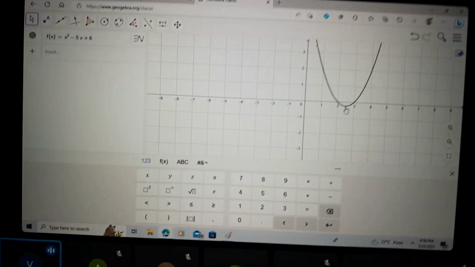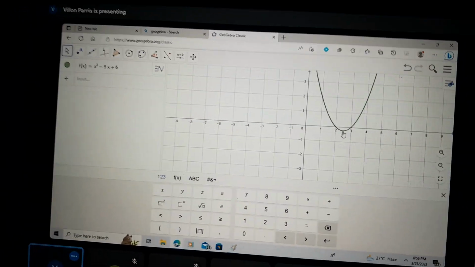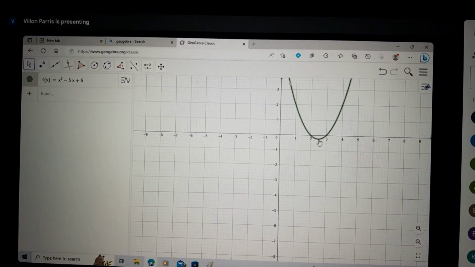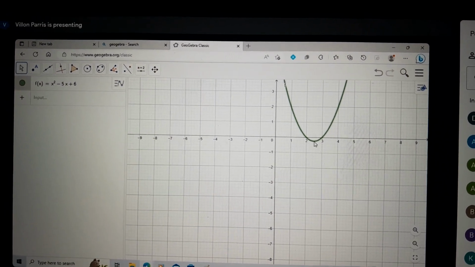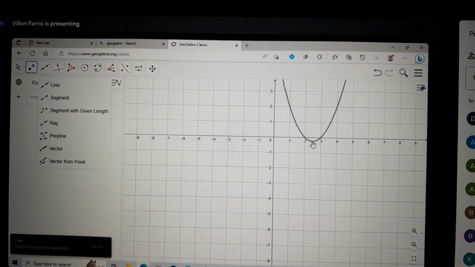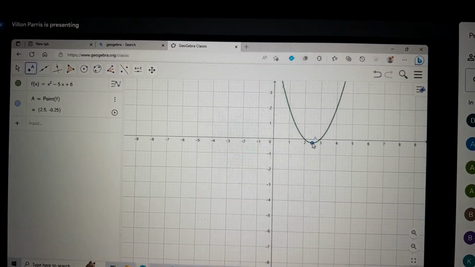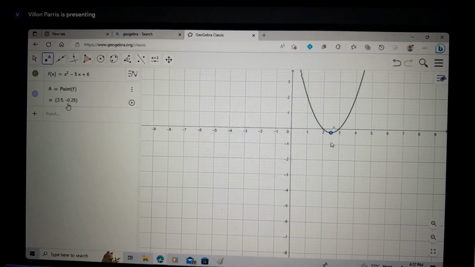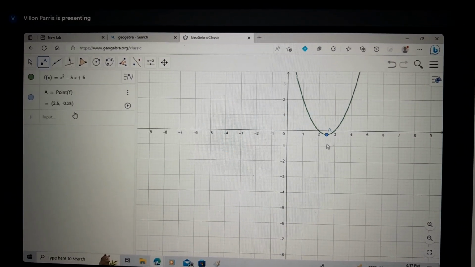The maximum point seems to be, can anyone read that off? It's actually a minimum point. Can anyone read that off? Yeah, I think that's it. 2.5, negative 0.25.